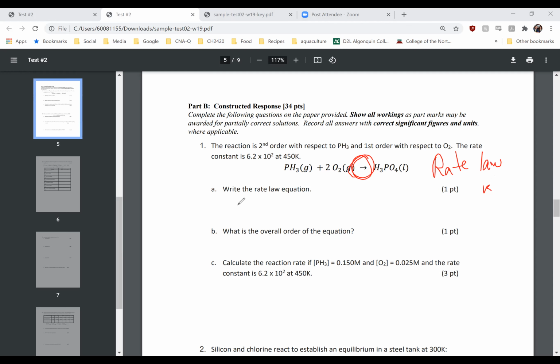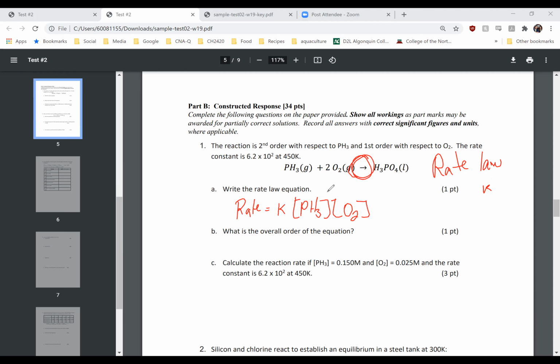Well, I know that my rate, and guys, it's been maybe 3 weeks since we've done this, is little k times the concentration of PH3 times the concentration of O2, and I raise them to their orders, meaning the information that I give you in the question.